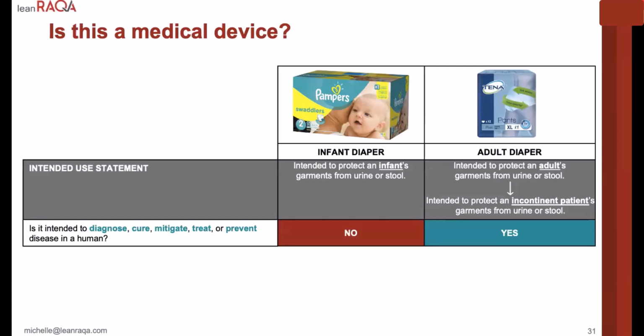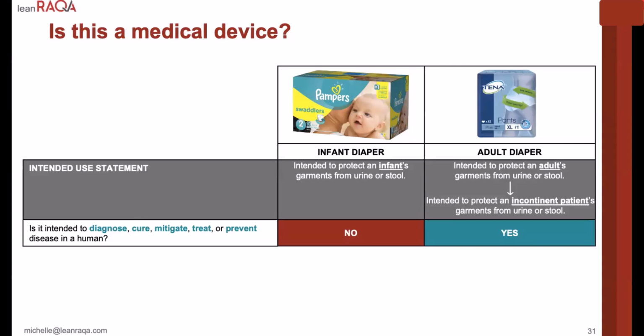So the infant diapers are not intended to diagnose, cure, mitigate, treat, or prevent a disease, because you're not born knowing how to control your bowel movements or your elimination. Whereas the adults at a certain stage of life, you should be able to know how to control all of this.